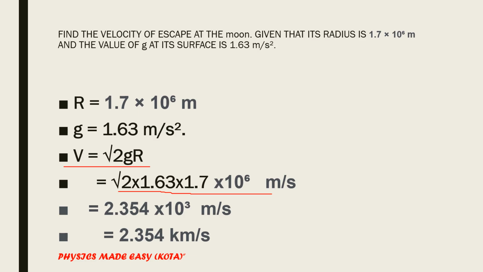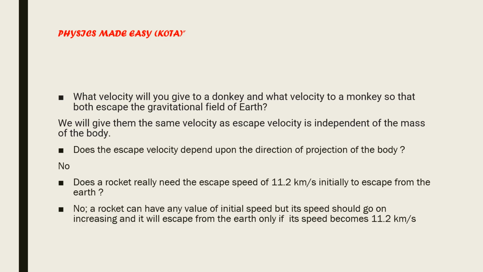So dear students, after doing calculations, check your answer. It will be 2.354 into 10 raised to power 3 meters per second. Then do the conversion of the units into kilometers per second. So in kilometers per second, our answer is 2.354 kilometers per second.